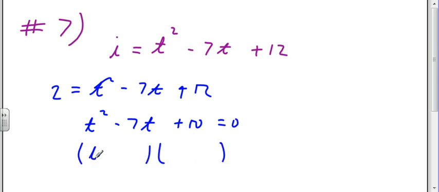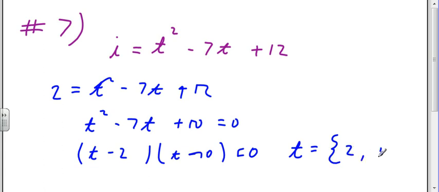So I will. (t minus 2)(t minus 10) equals 0. So in this particular case, my t could be 2 or 10. In each case, those are in seconds. So I should probably say seconds: 2 seconds and 10 seconds.